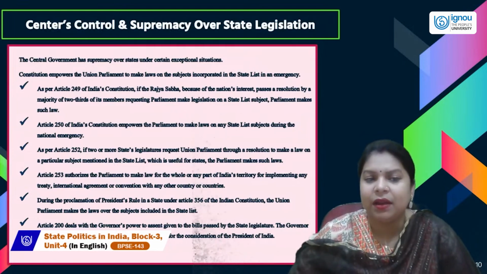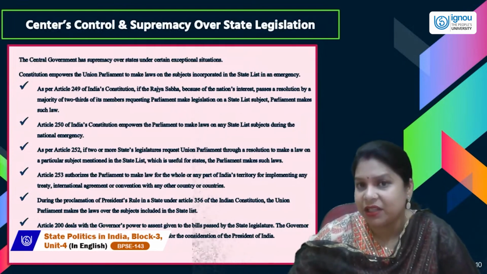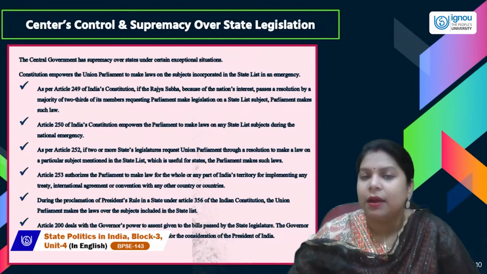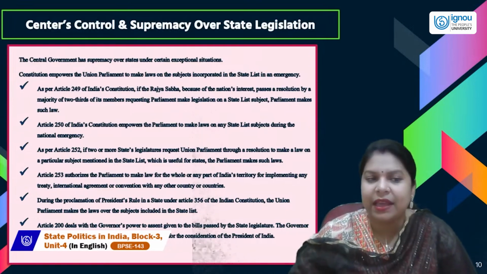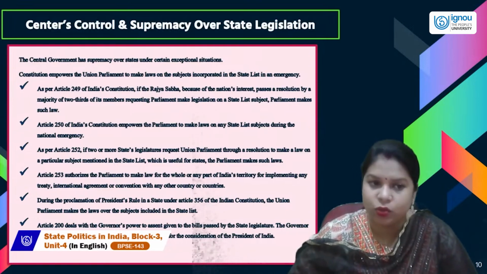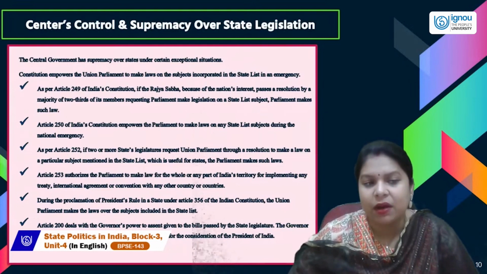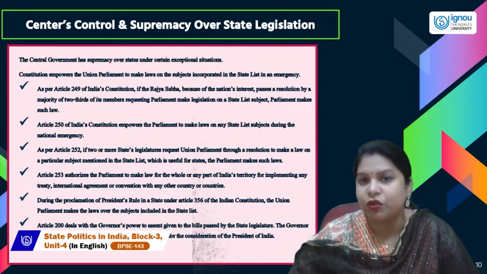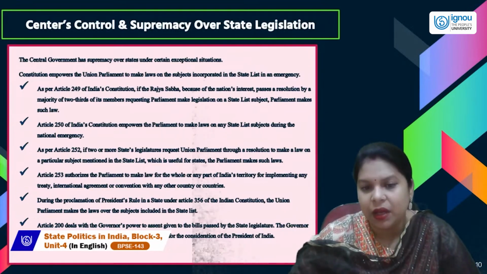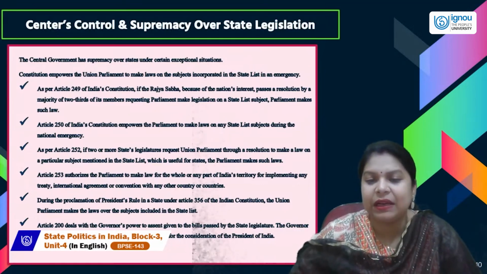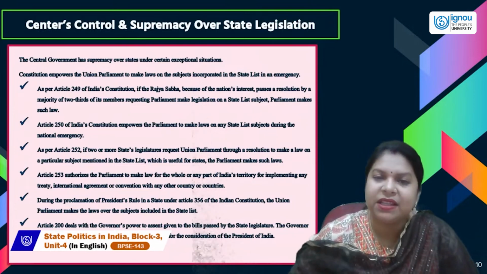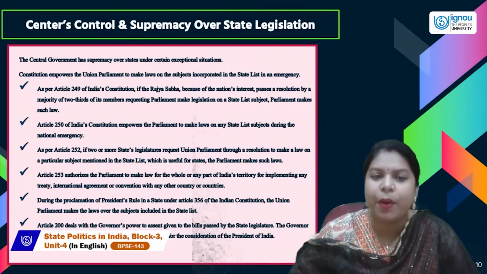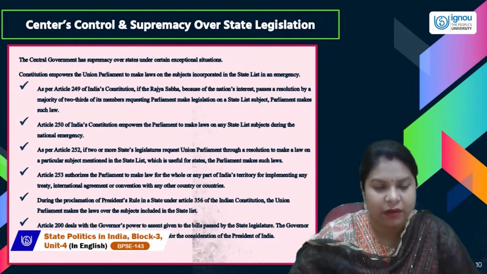So, Article 249 says that if the Rajya Sabha feels that the nation's interest lies in a subject, it can pass a resolution by a two-thirds majority. Similarly, Article 250 of the constitution empowers the Parliament to make laws on any state list subject during a national emergency, as I already told you. It is Article 250 which empowers the union government.